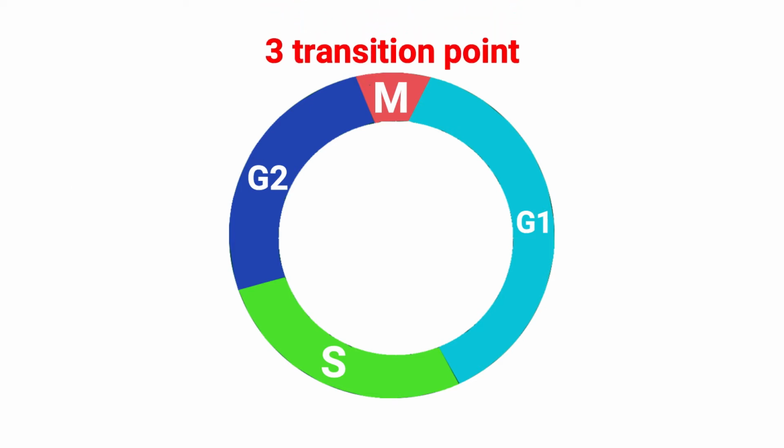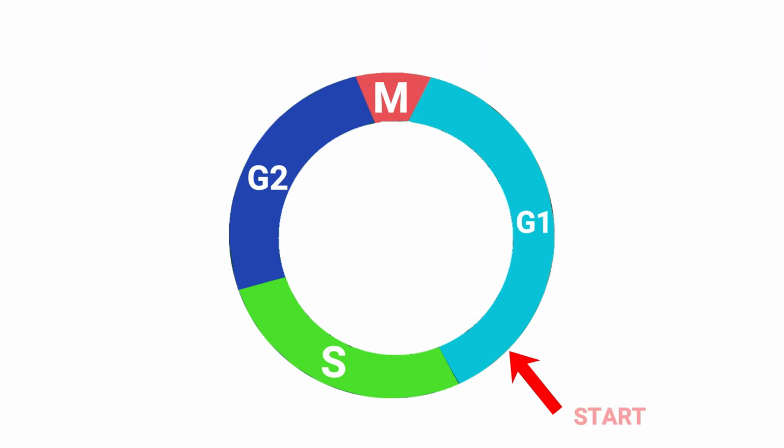And there are three transition points in cell cycle regulation. The first point is known as start. It occurs at late G1, and this point determines whether the cells can pass from G1 to S. For passing through this transition point, cells require activation of certain special factors.